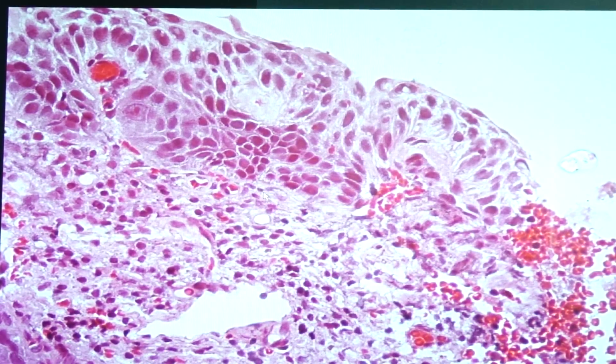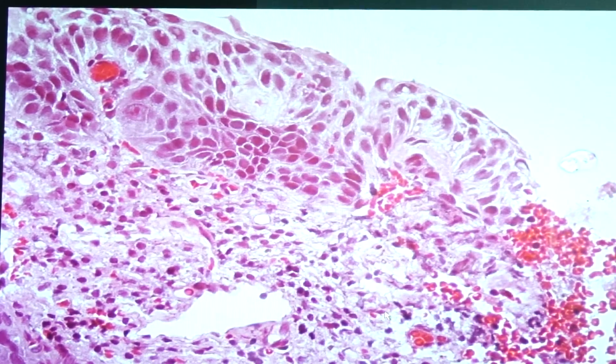If it goes more than 3 millimeters but not more than 5 millimeters, that's stage 1A2.